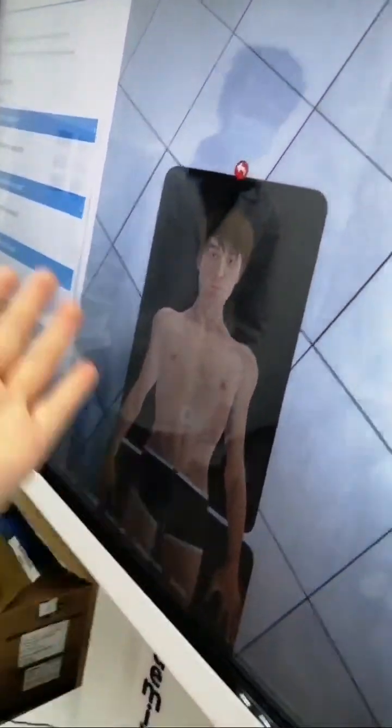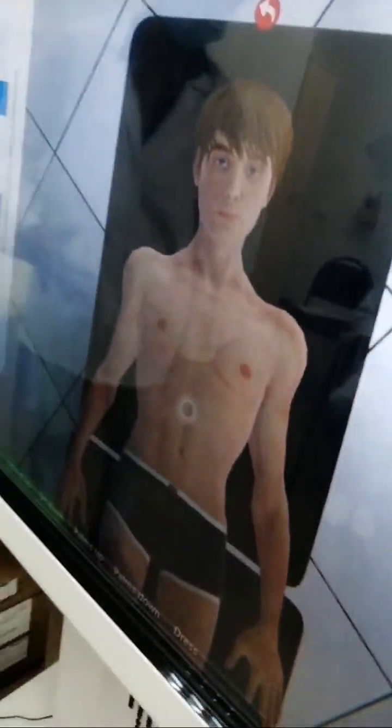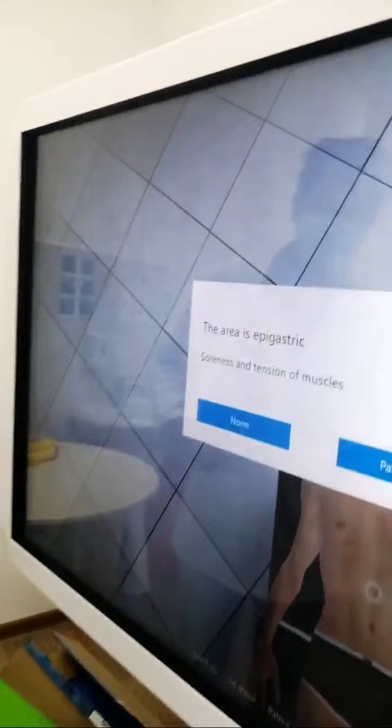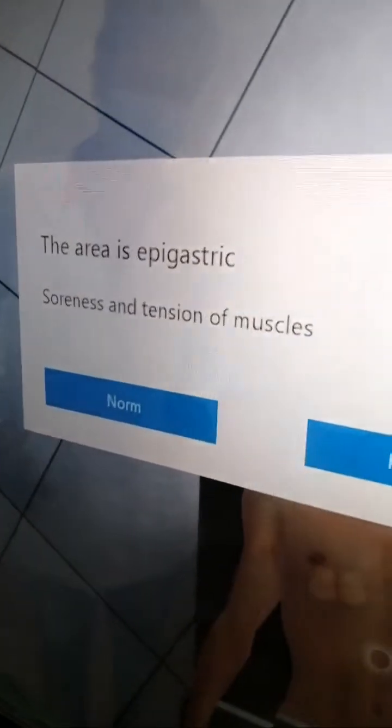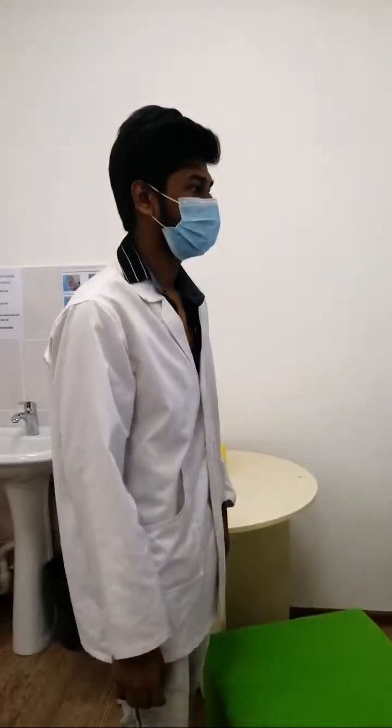Okay, and the patient complains of pain in which abdominal area? Epigastric area, yeah? And this program helps you and gives the point where you need palpation. And this is the epigastric area. Okay, please click. Read. The area is epigastric, soreness and tension of muscles. Okay, this is pathology. Yes. Okay, palpation.